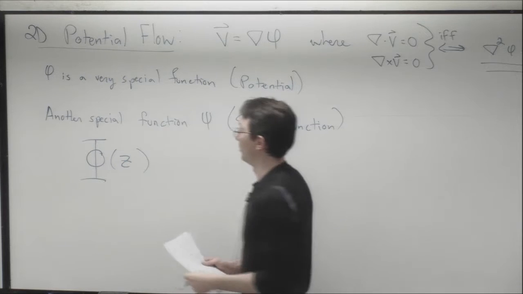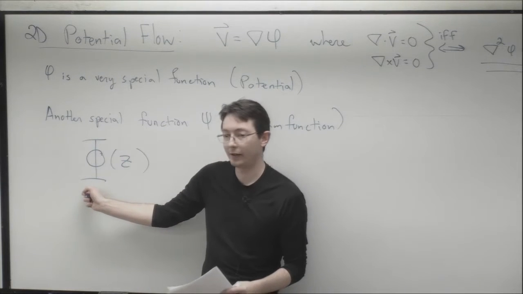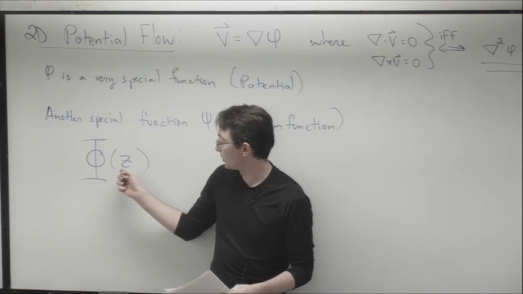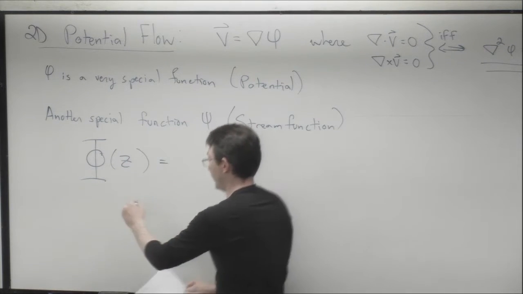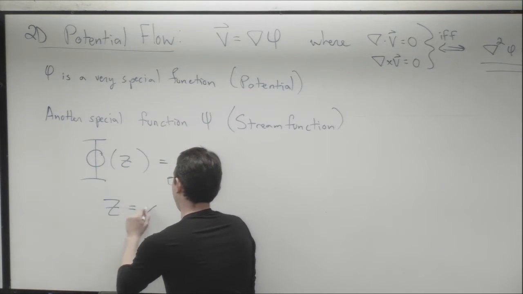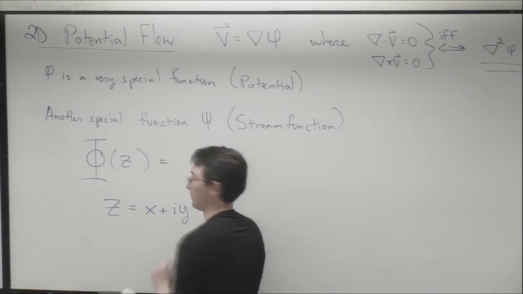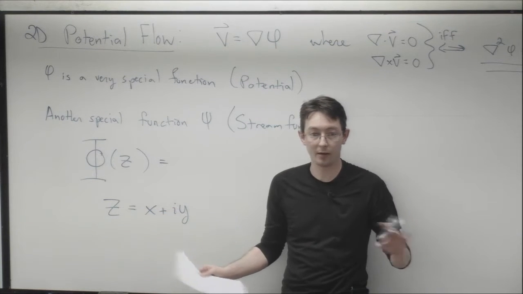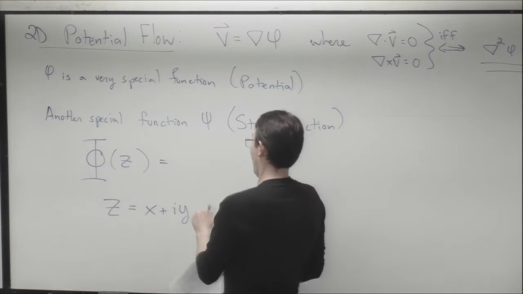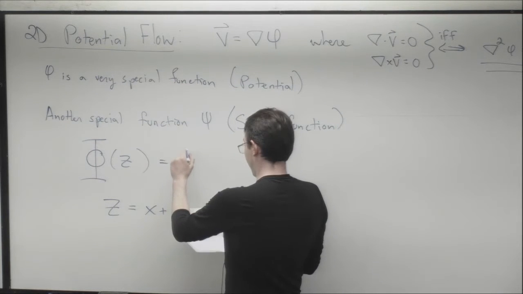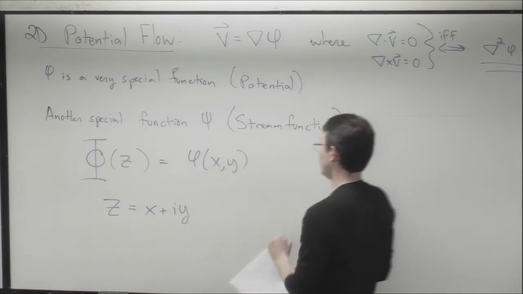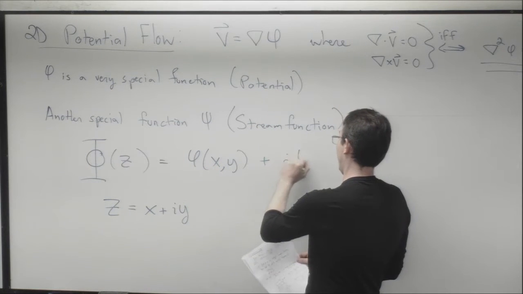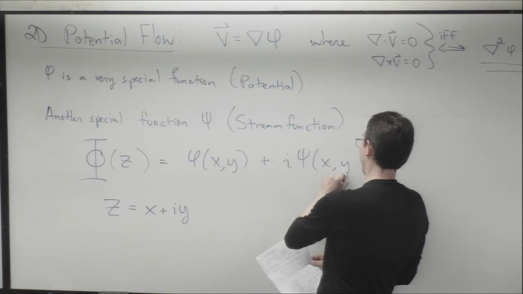And so what I can do in lots of problems is write down a complex valued potential in terms of a complex variable z. So z is x plus iy. z is just a complex number, a complex variable. And this is going to equal phi of x and y plus i psi of x and y.